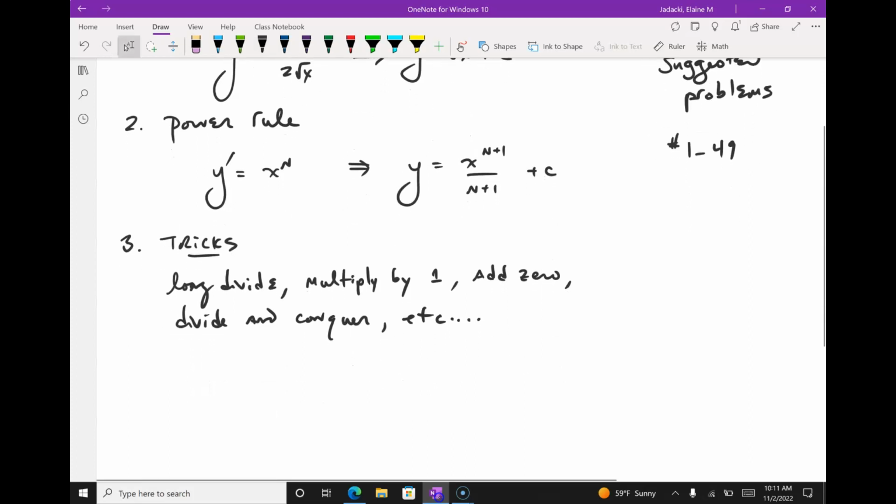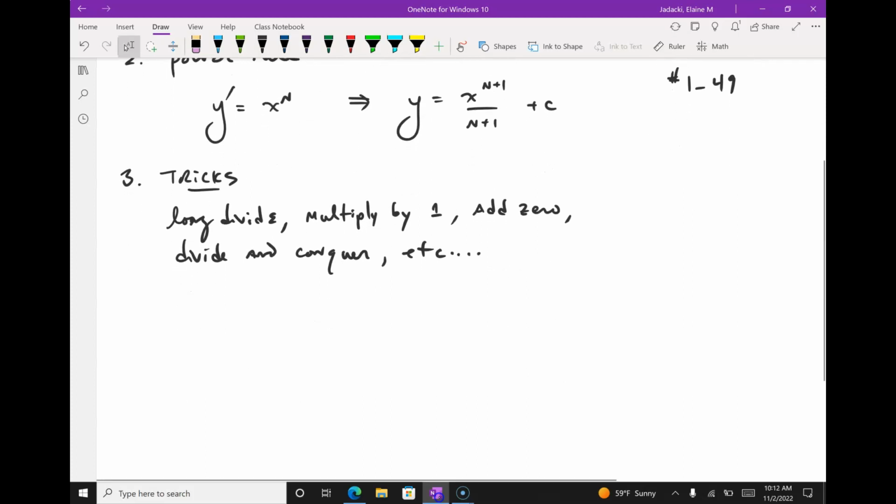So let me show you one of these, right? So y prime is x squared over 1 plus x squared.